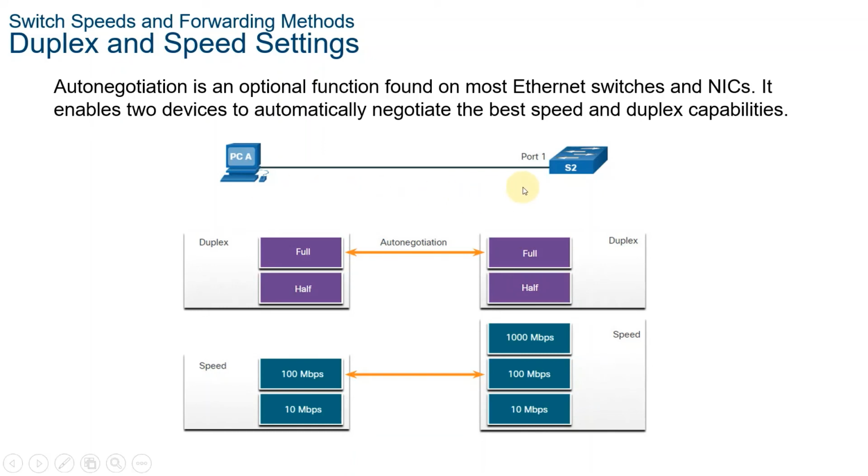If both devices are using auto negotiation, the operating mode will be full duplex and 100 Mbps. So you've got full duplex here, and they agreed to set the speed to 100 Mbps.